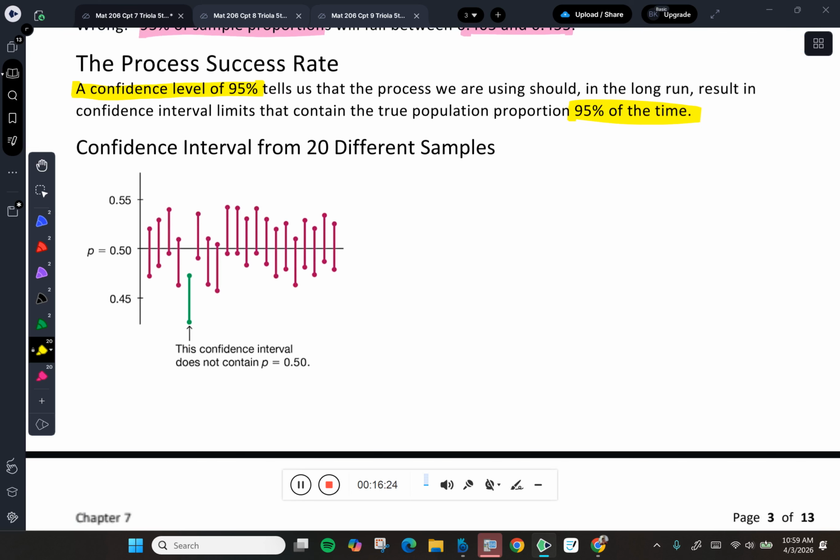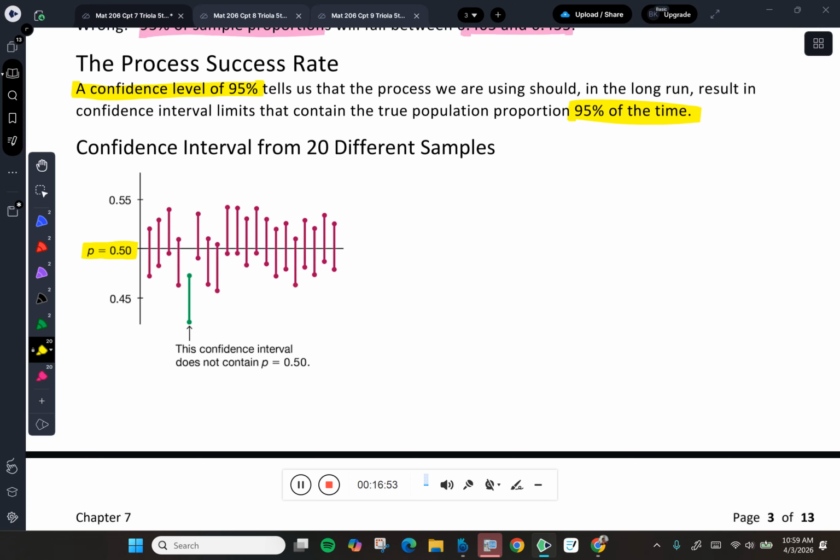So if we think about it this way, assume, and I don't know what the answer is, but assume for a moment that P is exactly 50%. Every single time I run the experiment, survey 1,487 people, get their results, get a p-hat for each different experiment, create a little confidence interval around that p-hat, put it over here on this number line, and is P actually in the interval I made?